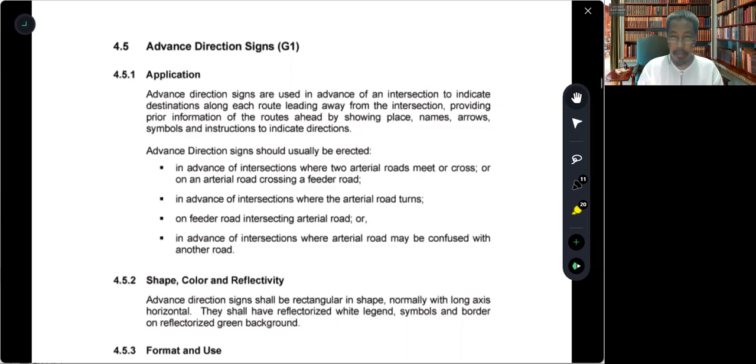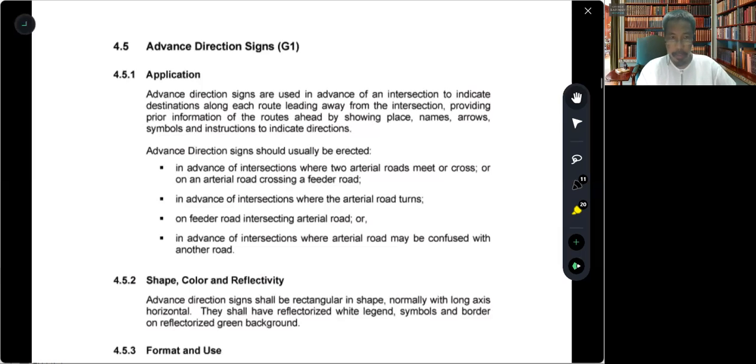In technical terms, when we are talking of civil engineering, we are talking of main roads, then feeder roads, arterial roads. So from bigger roads to the smallest type of roads. Okay, so this is the way we classify different types of roads.